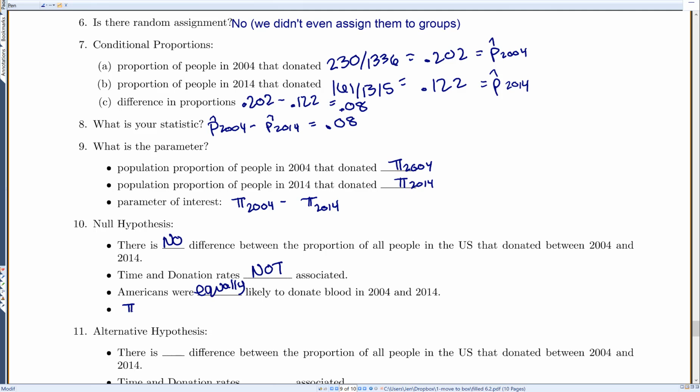So you could say that pi for 2004, population proportion, minus pi for 2014 equals 0, since they're the same, they should be equal. Or you could put that pi for 2004 and pi for 2014 are equal to each other. Those two population proportions are equal. You can write it either way.